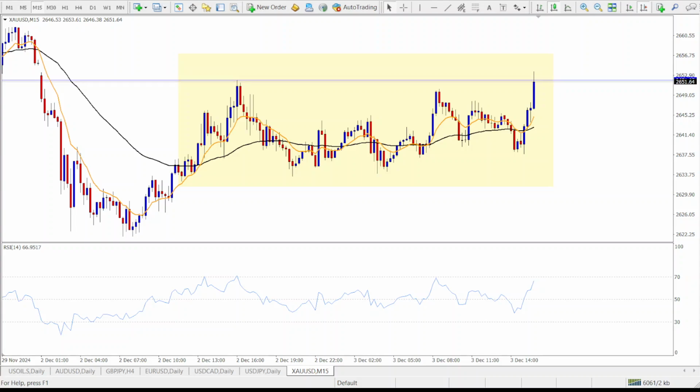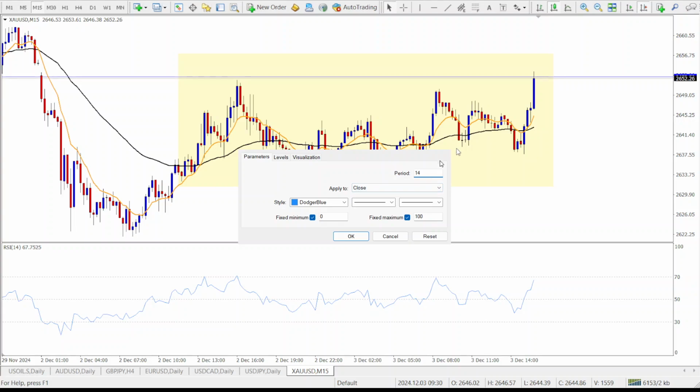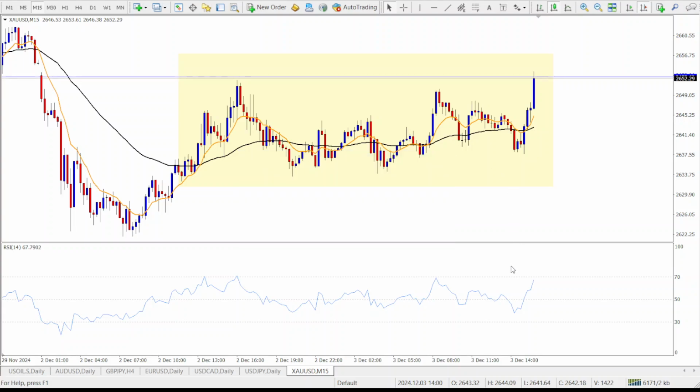Now, let us talk about the relative strength index. The RSI measures the strength of price movements and identifies overbought and oversold conditions. For scalping, set your RSI to a 14 period default. You can see that the default setting is 14. So we're going to be using the 14 period.